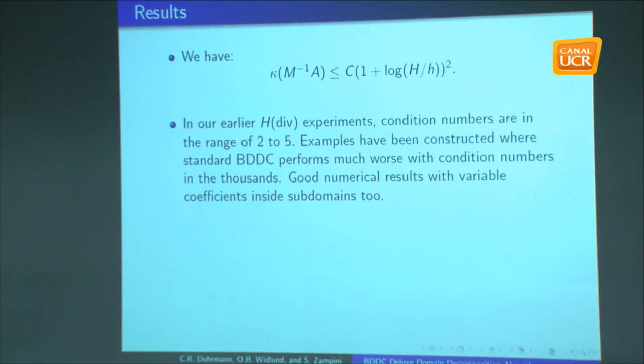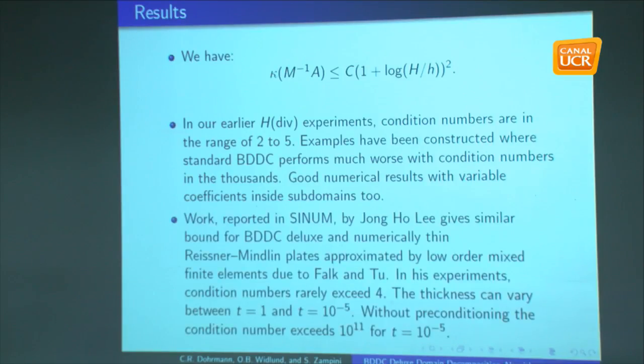For smaller problems, we found condition numbers in the range of 2 to 5, which is very satisfactory. And we found examples where the original averaging resulted in much worse conditioning. And we also found good results with variable coefficients inside subdomains.